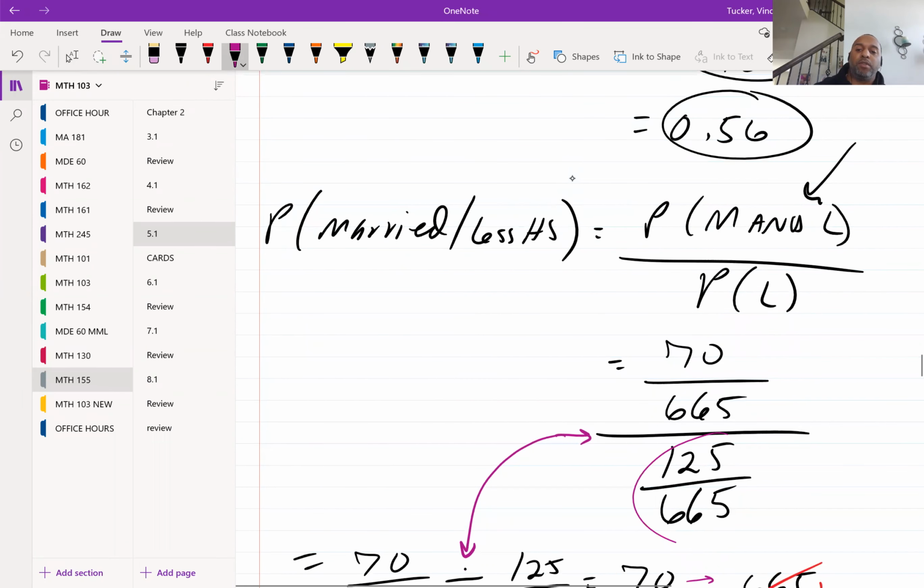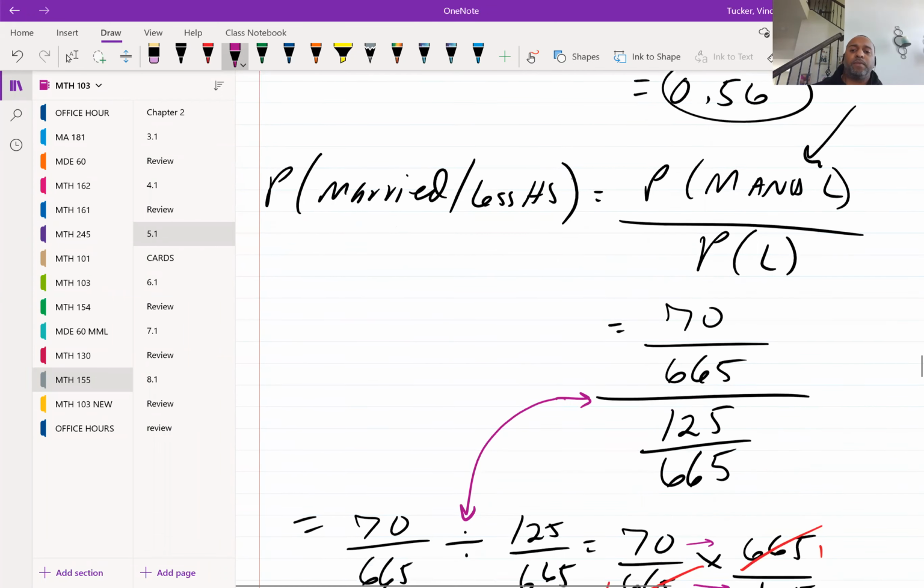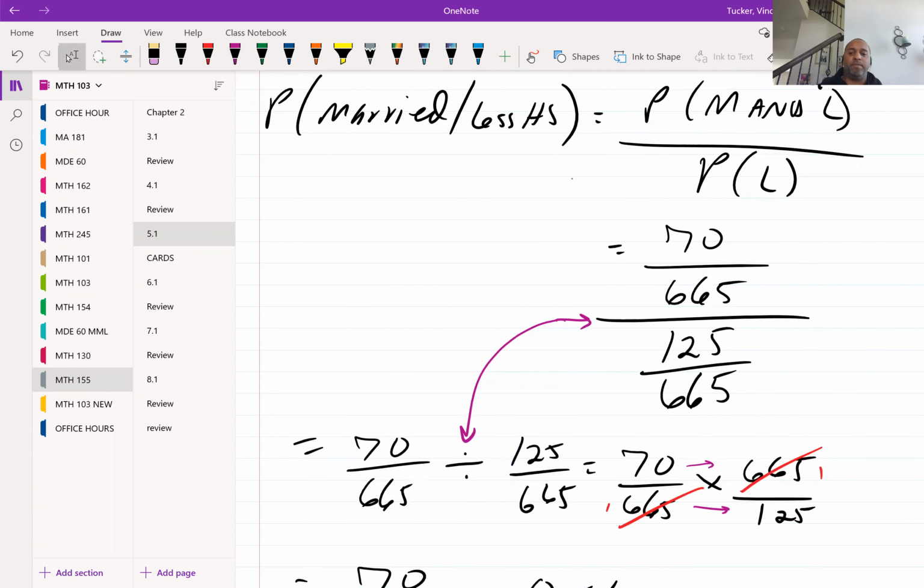And then the probability of getting someone that has less than a high school degree is 125 over that 665. And then if you were to do the work, dividing means you multiply by the reciprocal. Those 665s will cancel. And that'll leave you with the same thing as 70 over 125.